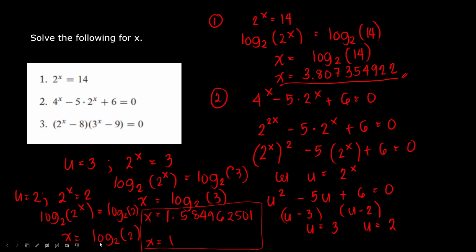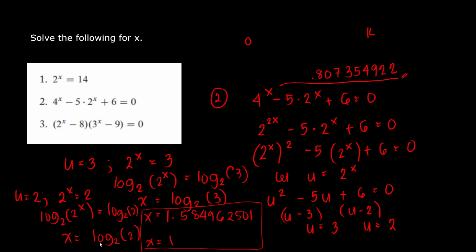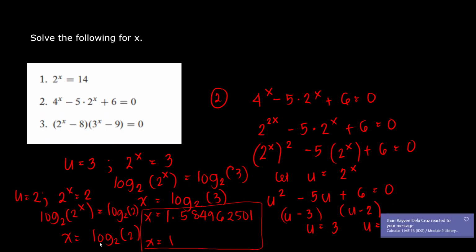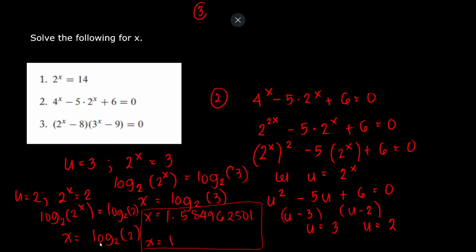Okay? So, for number 3, let's write it here. Wait, we need space. Okay, for number 3: 2^x minus 8 times 3^x minus 9 is equal to 0.